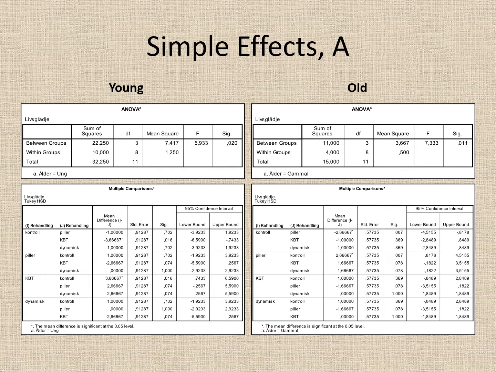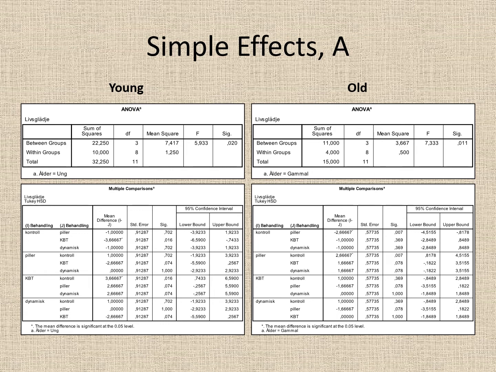Which group is the best for older patients? The pill group. Only positive differences. So the pill group has higher average level of life satisfaction compared with the control group. And marginally, the data became a bit strange here. Marginally significantly higher than for cognitive and dynamic groups.